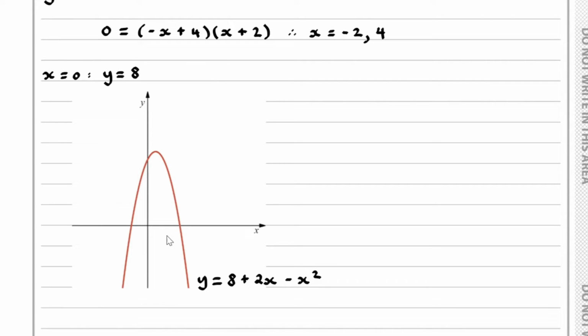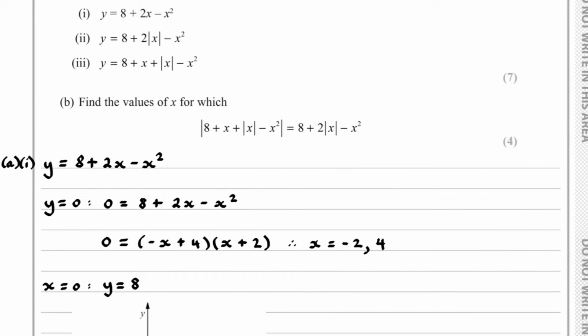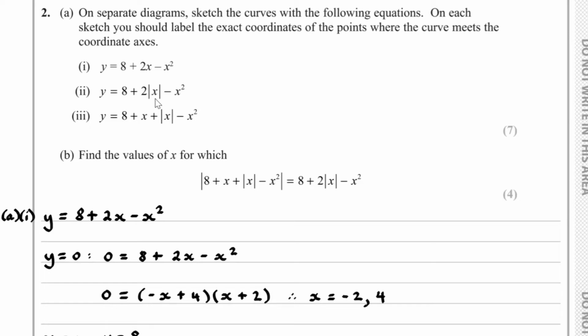And we know that it crosses the x-axis at 4 and minus 2. And it crosses the y-axis at 8. Next, we have the graph of y equals 8 plus 2 multiplied by the mod of x minus x squared.